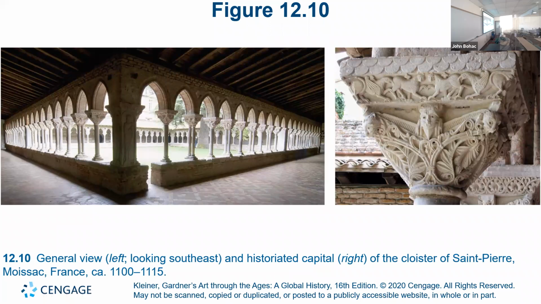Cloister. This is one of those places. This is a monastery. This is a place where the monks live. And they set themselves apart from the rest of the world. And so a lot of times these places actually become pretty elaborate. Mind you, the political and economic system at play here.